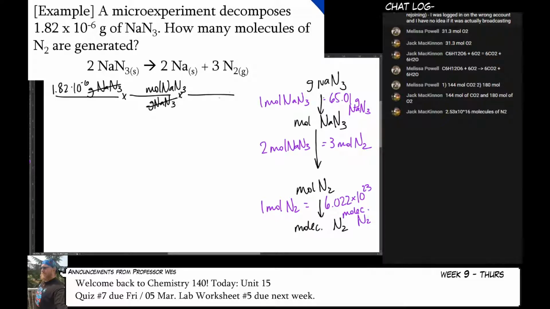And then we'll do moles of NaN3 to moles of N2. Cancel those out. And then we'll do moles of N2 to molecules of N2. We'll cancel those out too.